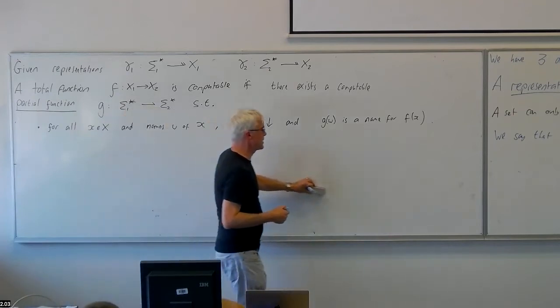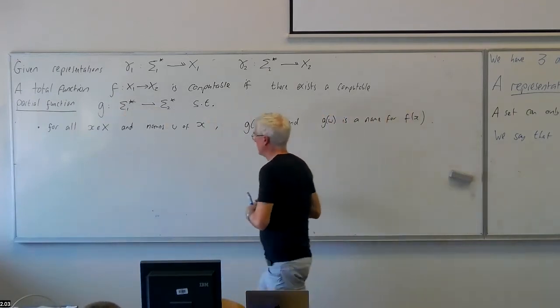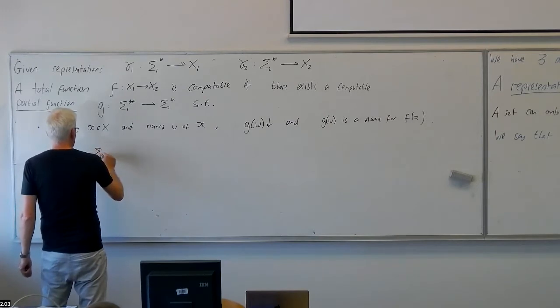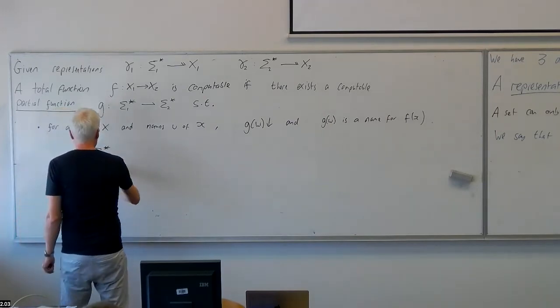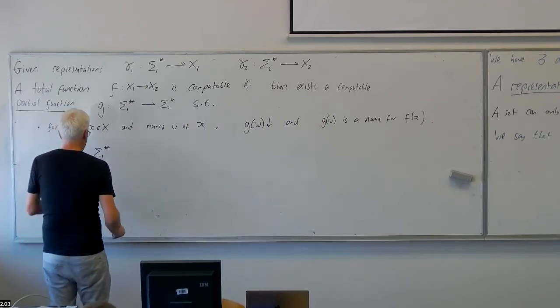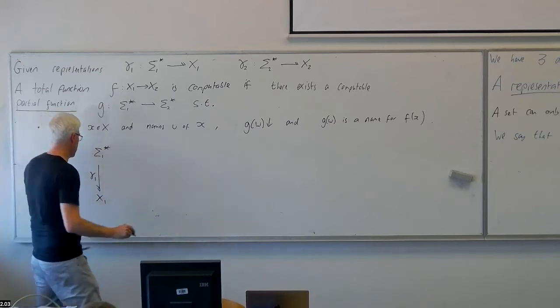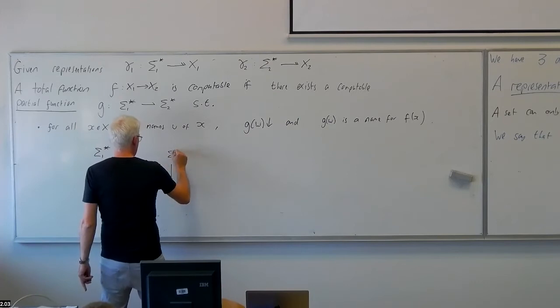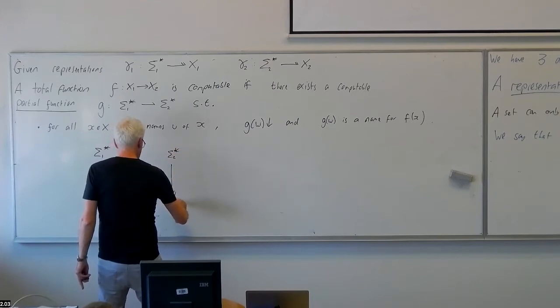So we can view this as a diagram. We have our two representations. Gamma 1, mapping words from the alphabet sigma 1 to X1. Gamma 2, mapping words from the alphabet sigma 2 to X2.